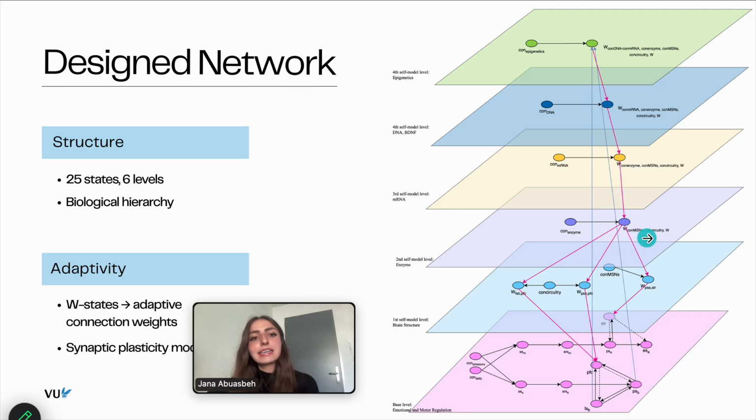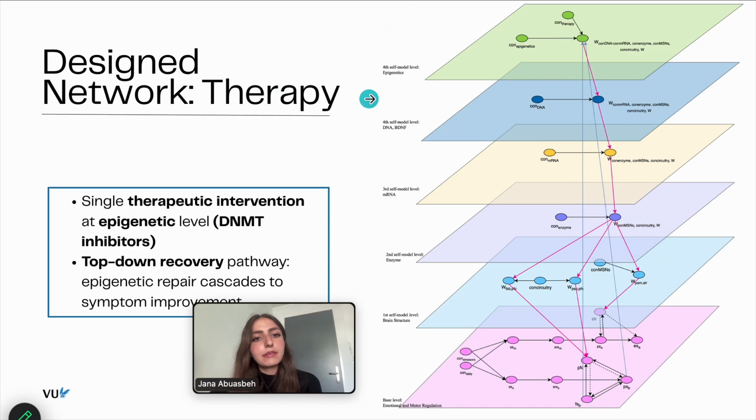Right, so this is the conceptual model, the main one, and then we have the therapy model. The only difference between this one and the one before is the introduction of a context state at the epigenetic level, and this represents DNMT inhibitors. We saw what DNMTs did before at the BDNF promoter 4, and this context therapy state has a strong positive connection to counteract DNA hypermethylation.